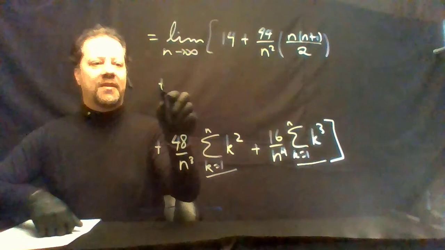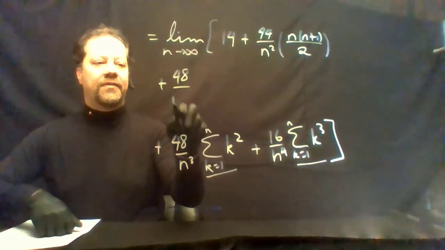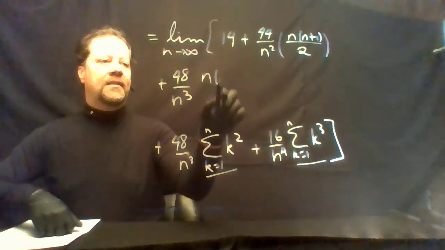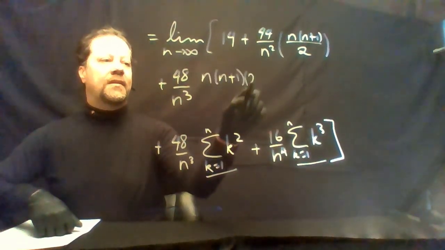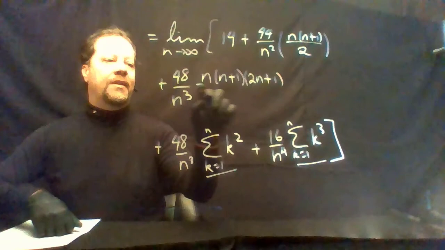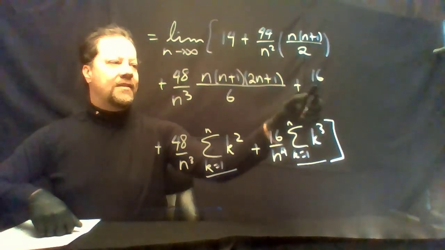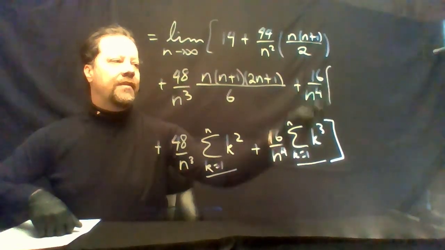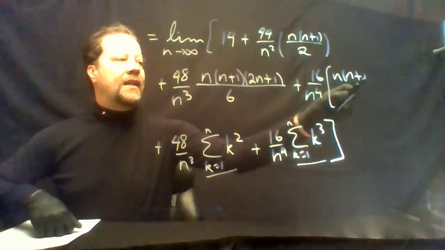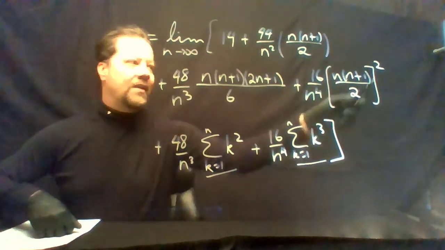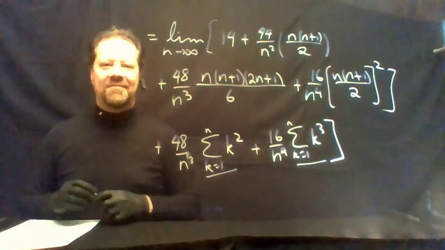On the next term, we have 48/n^3, and this sum is n(n+1)(2n+1)/6. And then 16/n^4 times ((n+1)/2) quantity squared, close bracket.